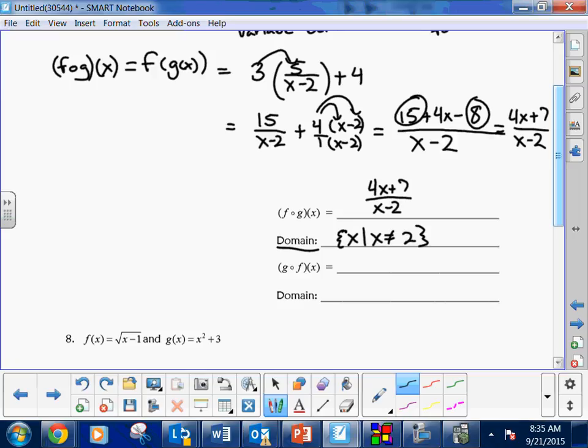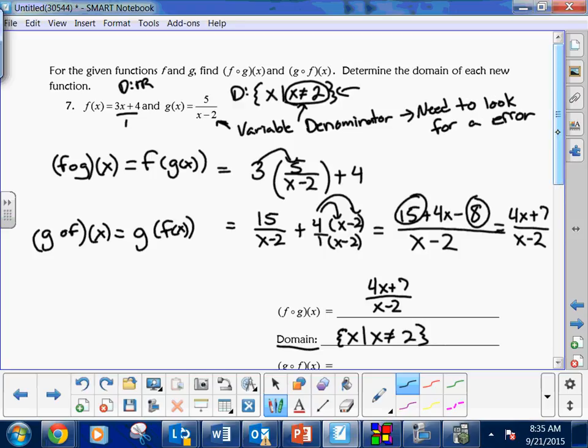Now let's go ahead and do the g of f, which is the other way around. With the g of f, we're going to do the exact opposite, where we're going to take the f of x and place it inside the g spot. So let me take that away so I can see that better.